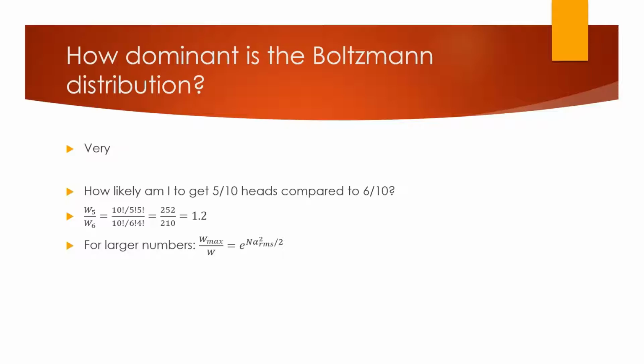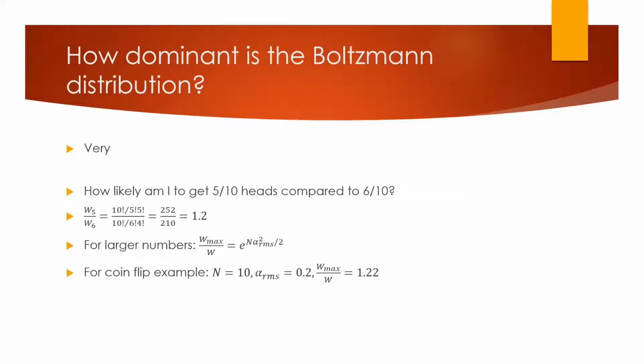So for our 10 coin flip example, n is equal to 10, and alpha RMS is about 0.2. And we can calculate here our weight for 5 over the weight for 6, and using this approximation, we get 1.22, which is pretty close to our exact measurement there.